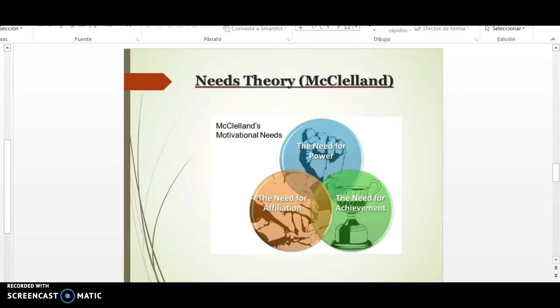McClelland stated that we all have these 3 types of motivation regardless of age, sex, race, or culture. The type of motivation by which each individual is driven derives from their life experiences and the opinions of their culture.